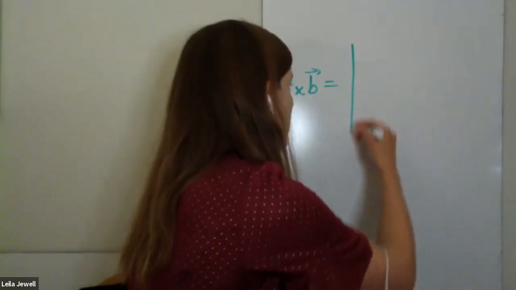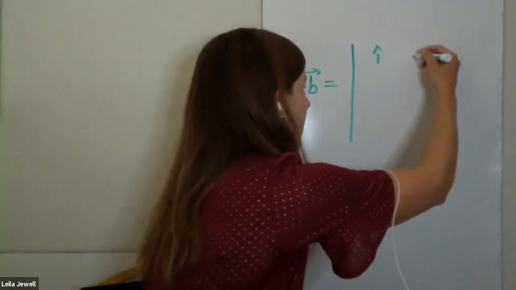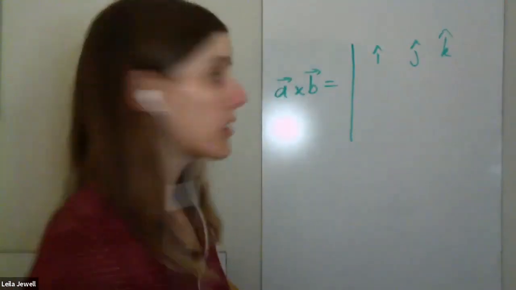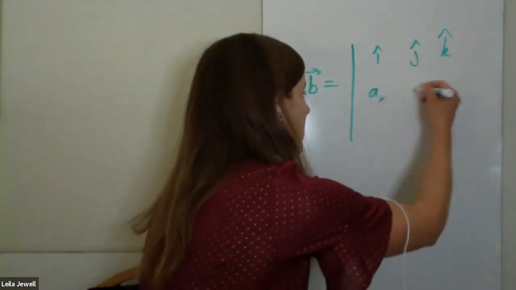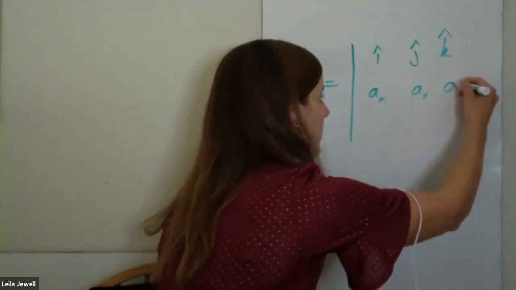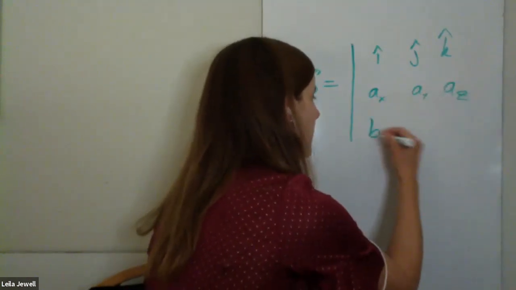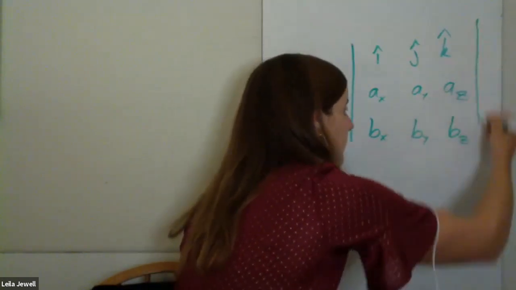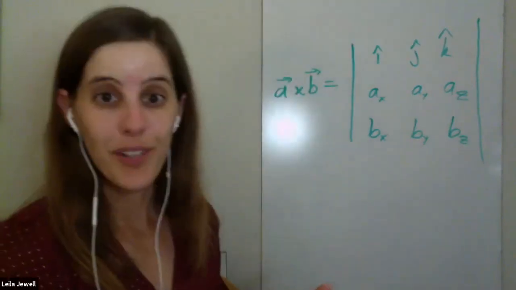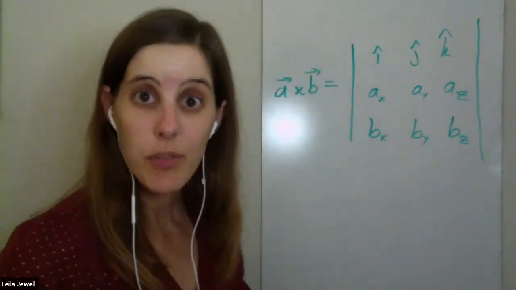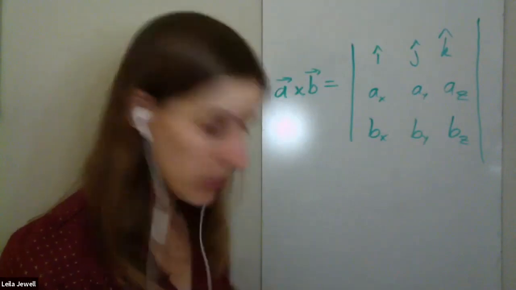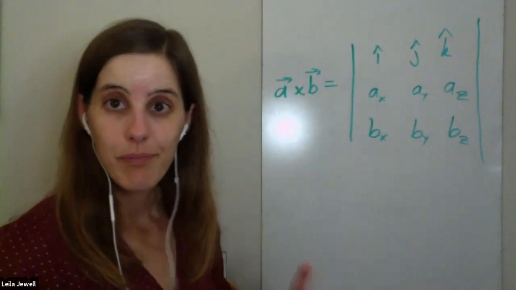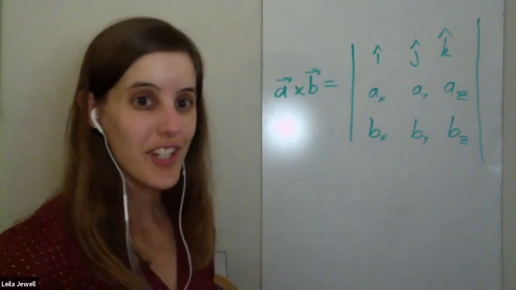To do this, I will write this as i hat, j hat, k hat, the three possible directions up there, with a sub x, a sub y, a sub z, and then b sub x, b sub y, and b sub z. This, by the way, is optional. You can use that equation that we showed previously in the slides, and it will work just fine. But if you're interested, stay tuned.